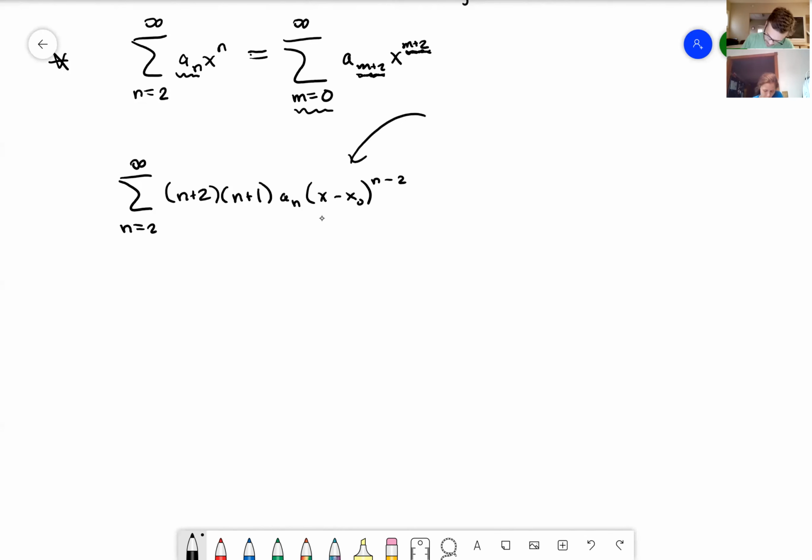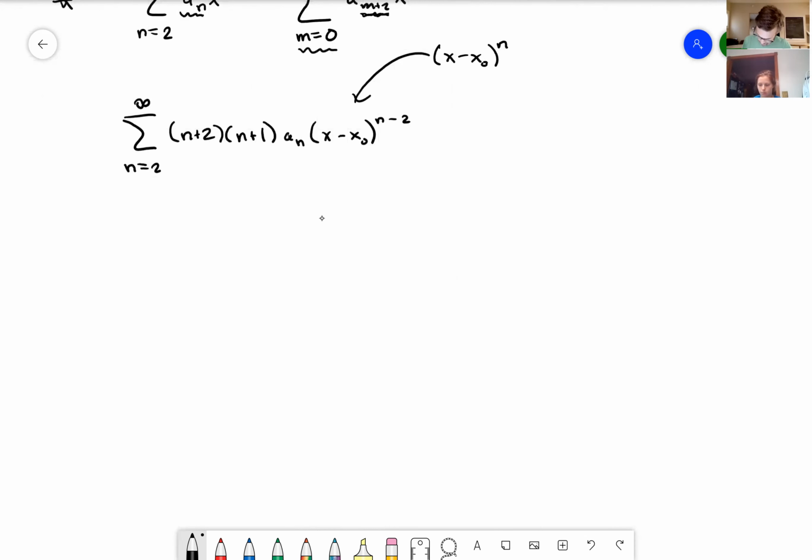The power of x minus x0 to the n minus 2, we want to alter this so that the generic term, the power of x minus x0, is in fact to the n instead of the n minus 2. This is a step that we'll use later on in order to compare these things.